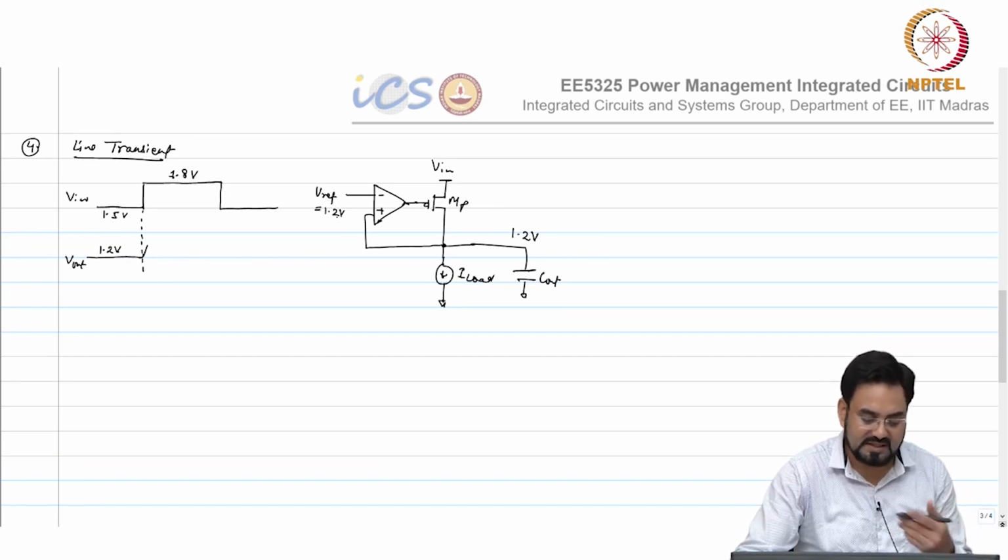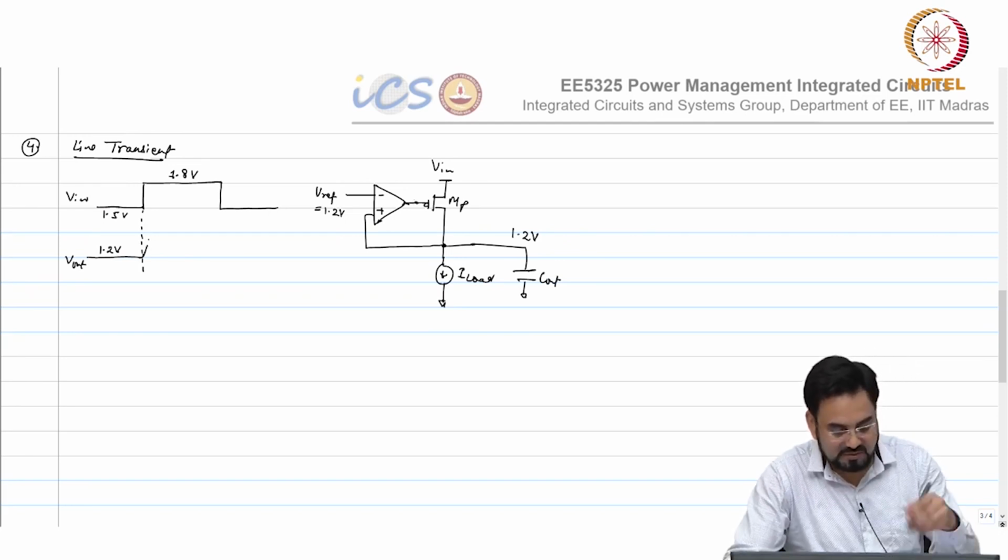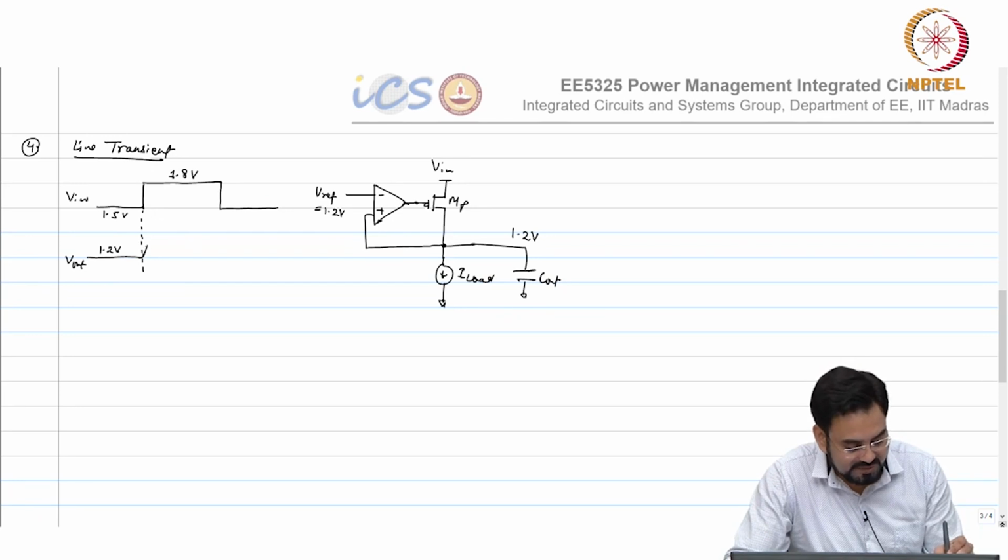Since it has a finite bandwidth, this gate voltage cannot instantaneously change. So depending upon how fast your loop is, this overshoot will be determined, and then it will come back, and then again we will start regulating at 1.2 volt.